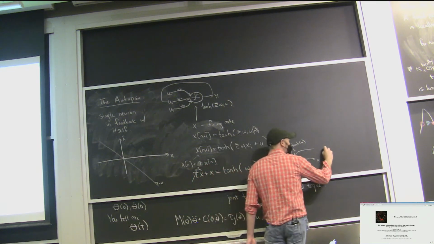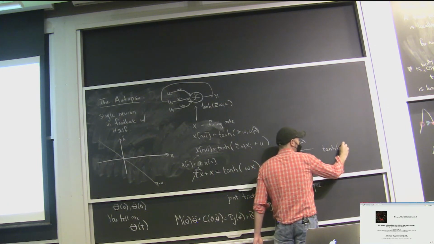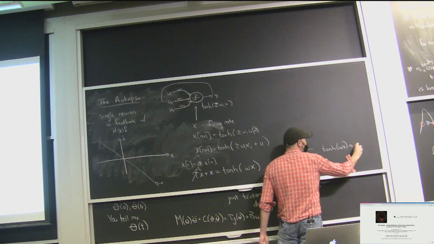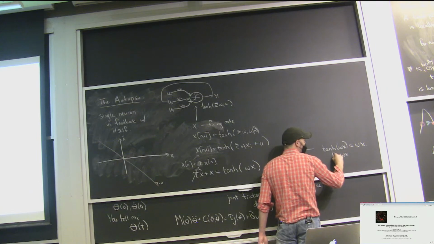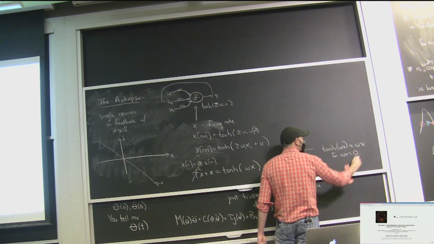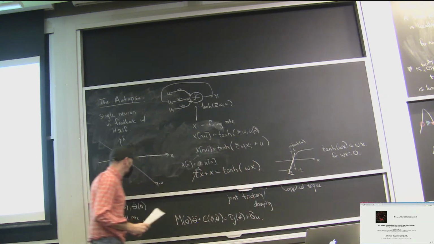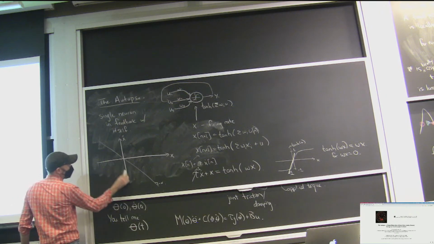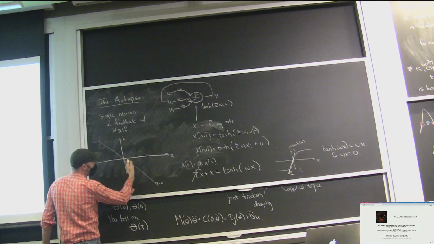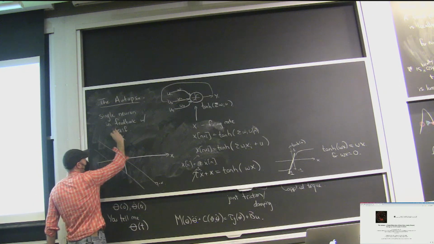So tanh of wx is approximately equal to wx for wx approximately equal to 0. So it crosses with slope 1 there. Okay, so if I want to plot this over here, I'm going to have minus x plus tanh of x, so it's going to modify my minus x.